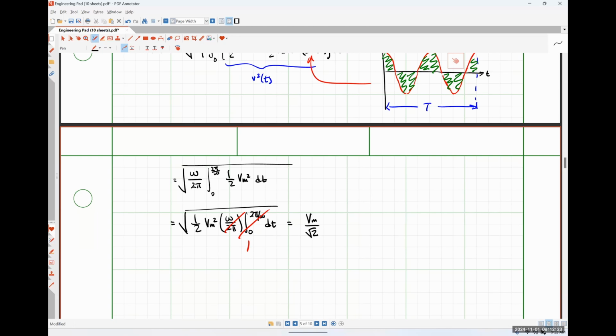Does not matter. Anywhere we go, a sinusoidal signal's effective value is just Vm over the square root of 2.